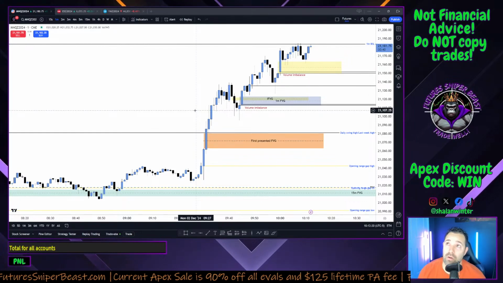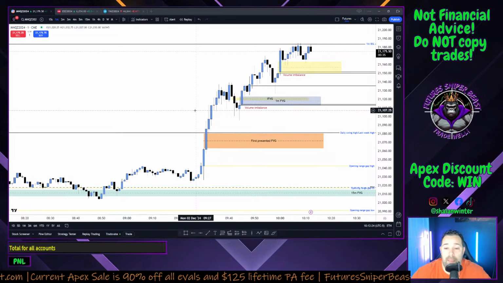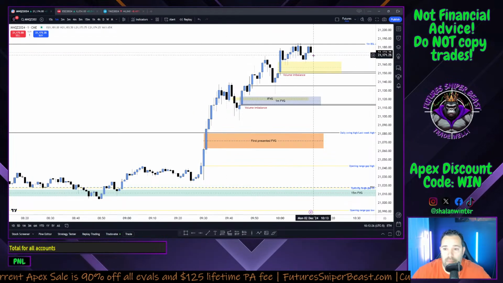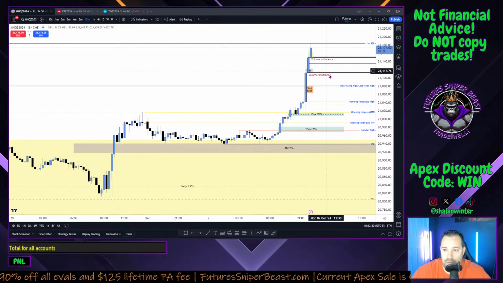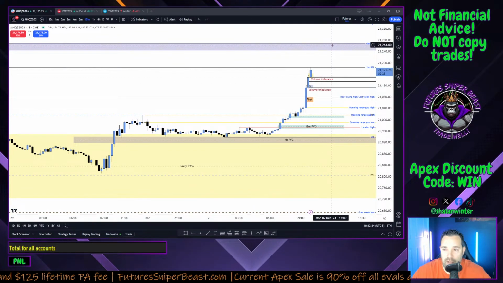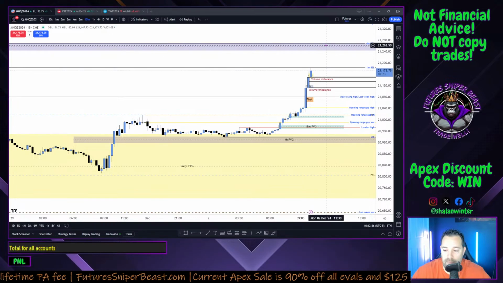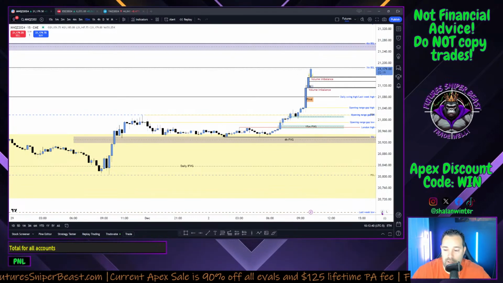Oh, we got a little over 2.5 minutes, and we'll get that 15-minute fair value gap right there. So if price were to keep going higher, this is the next stop right up here. And then if that's the case, I likely won't get a trade today.